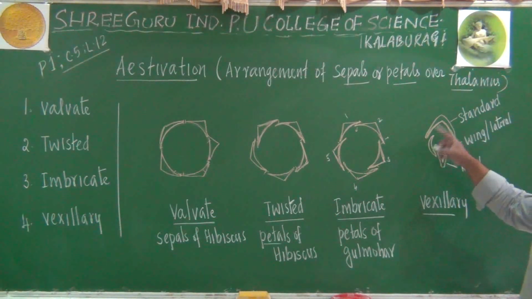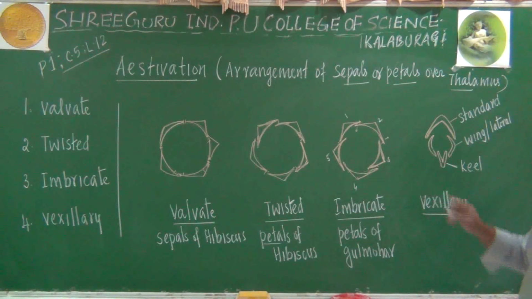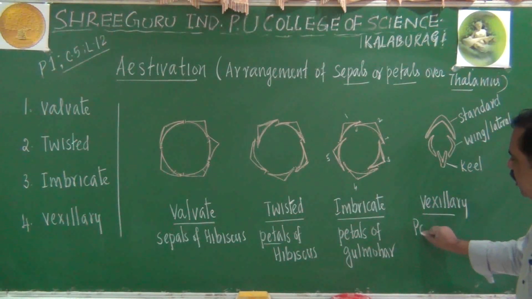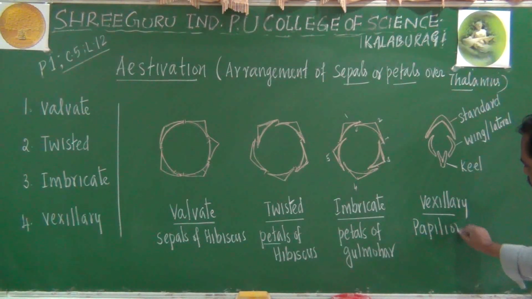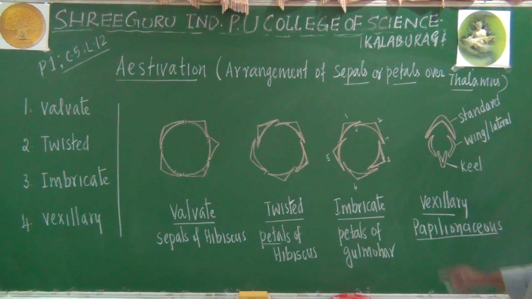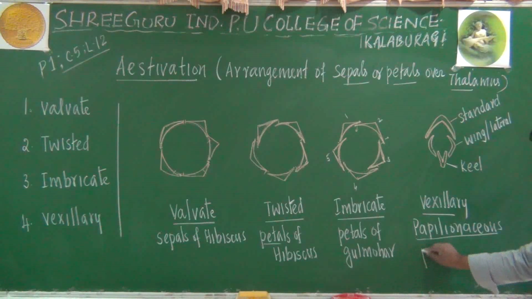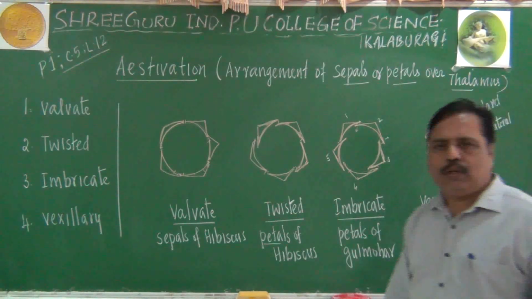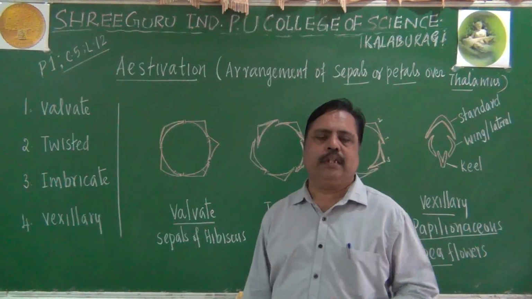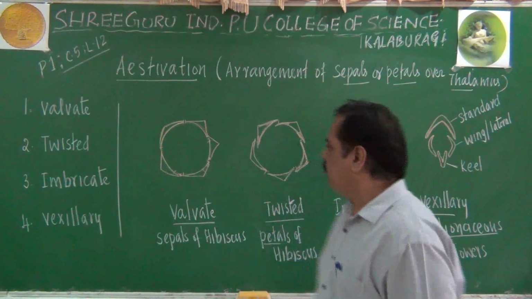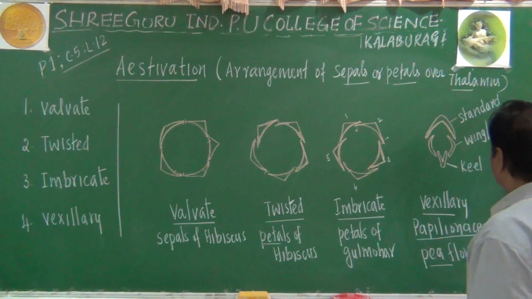Vexillary aestivation is otherwise known as papilionaceous corolla. Where do we see this papilionaceous corolla? In pea flowers. Flowers of the pea plant will exhibit this papilionaceous corolla. In that pea flower, we can come across vexillary aestivation.